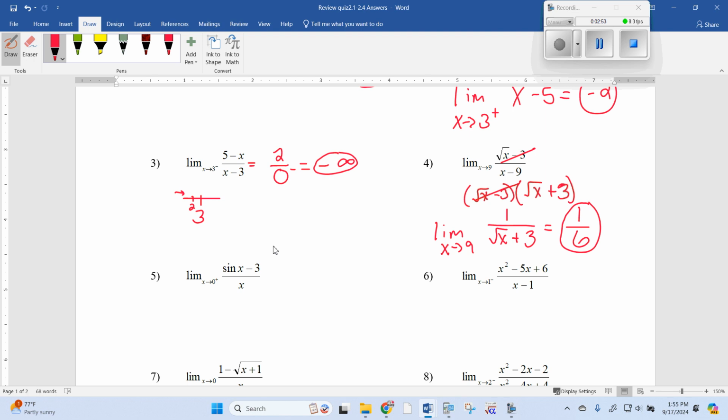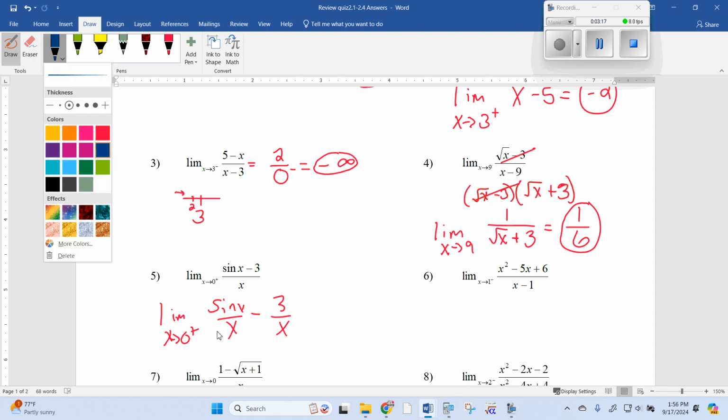The limit of (sine of x minus 3) over x as x approaches 0 from the right. We want to split this up, because we know sine of x over x, and then minus 3 over x. Let me change colors here.